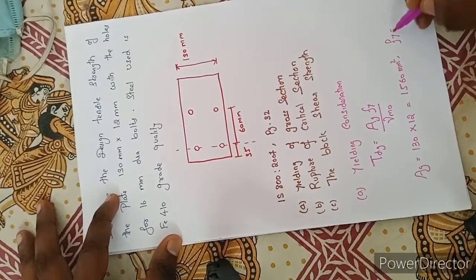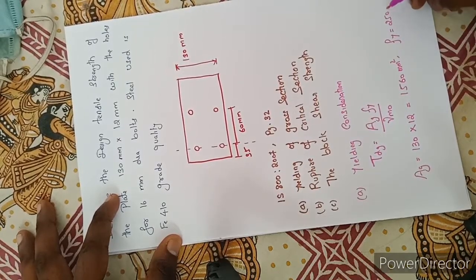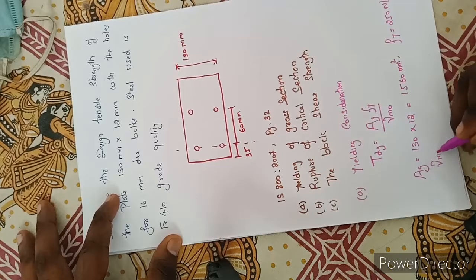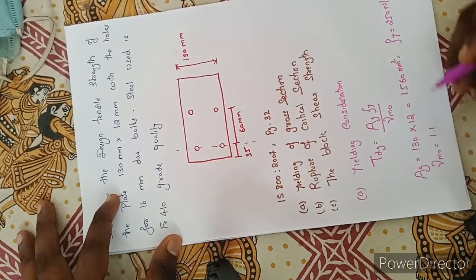We know Fy equals 250 Newton per mm square, the yield strength of the plate, and gamma m0 equals 1.1.